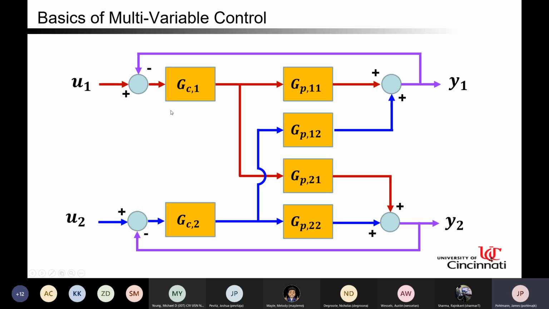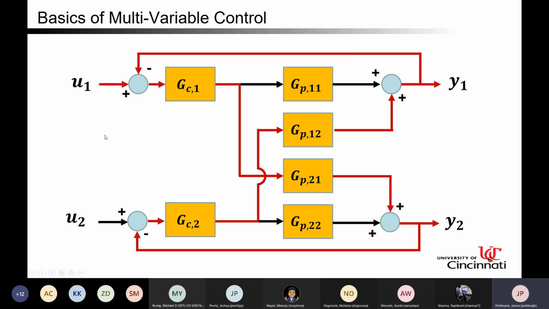Adding a controller to this, a feedback loop, yields the following, where the only difference between the previous slide and this one is that now there's GC1, GC2, and a feedback. You can see that, for example, if we're looking at input U1, there's the primary feedback loop, which is just the classic feedback control loop.